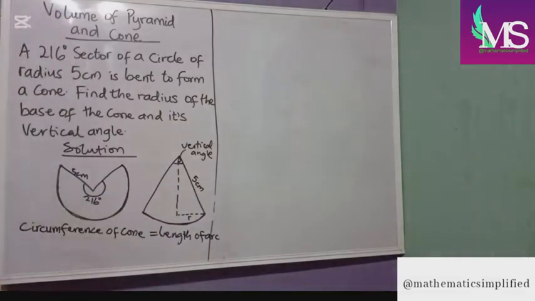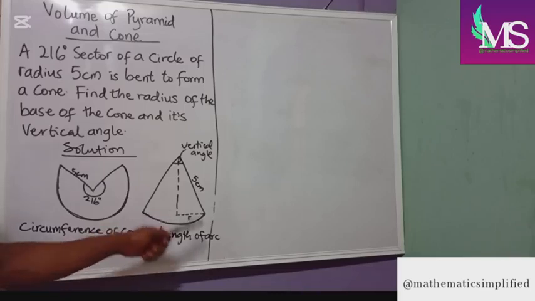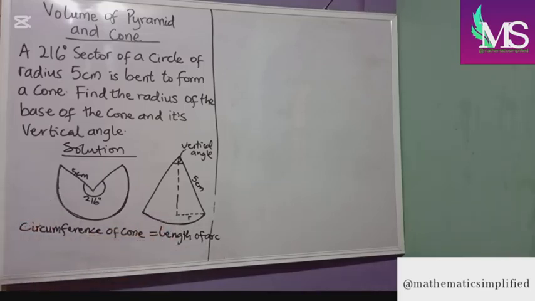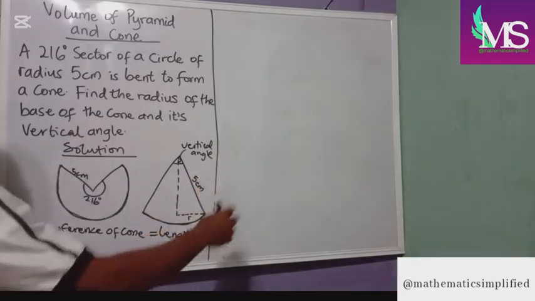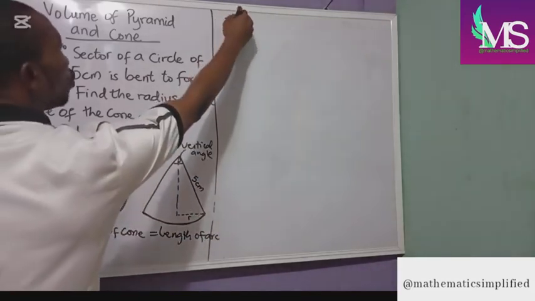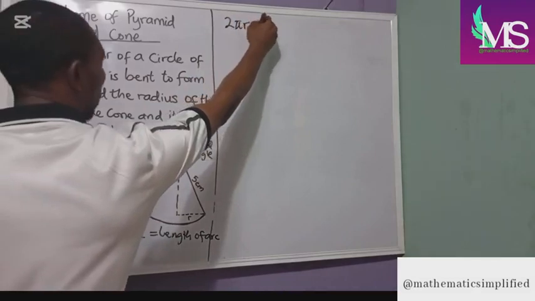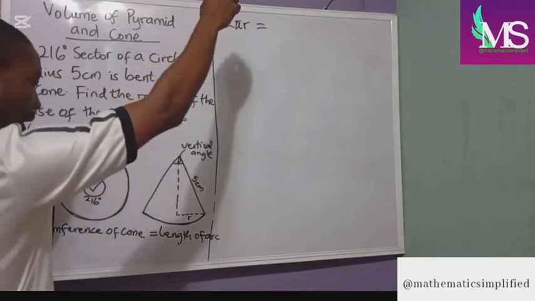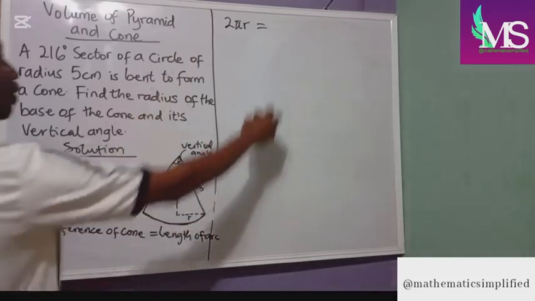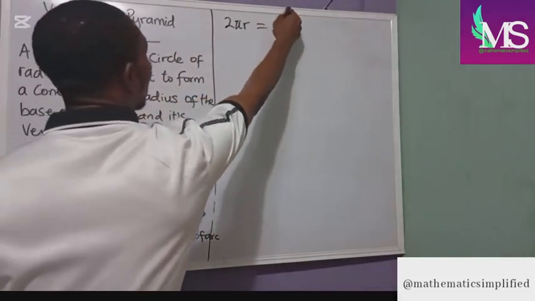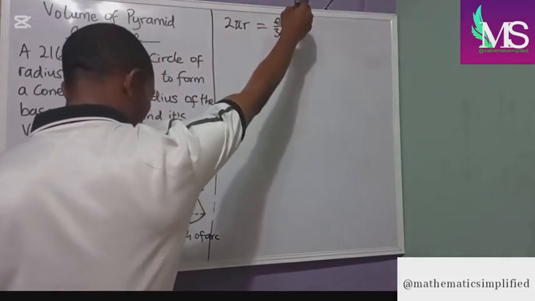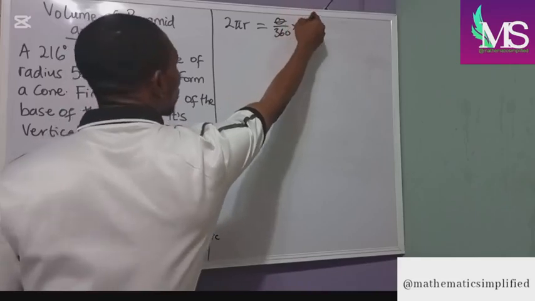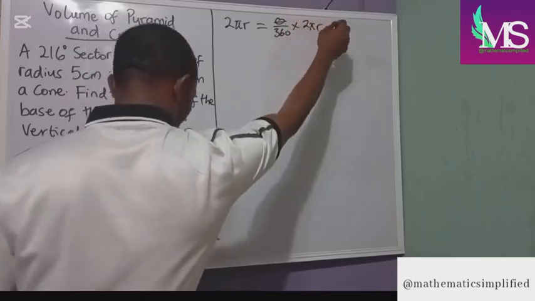Now, for us to know the circumference of the cone, we need to calculate the length of arc. For circumference of cone, we have 2 pi r as our formula, and for calculating length of arc, we have theta over 360 times 2 pi r.